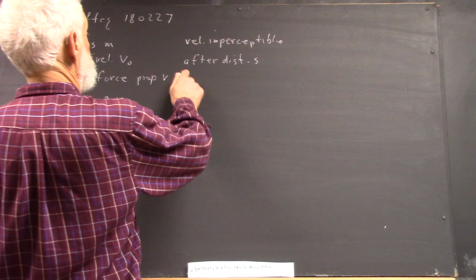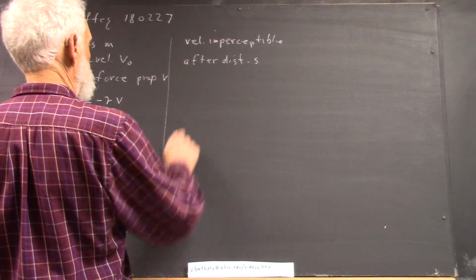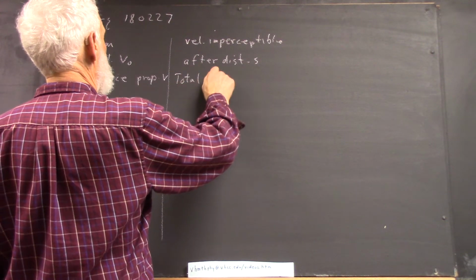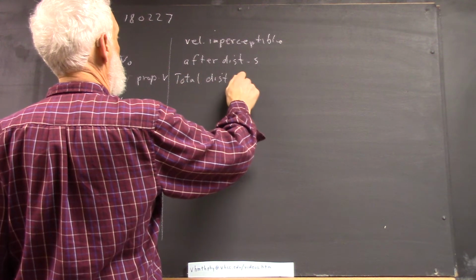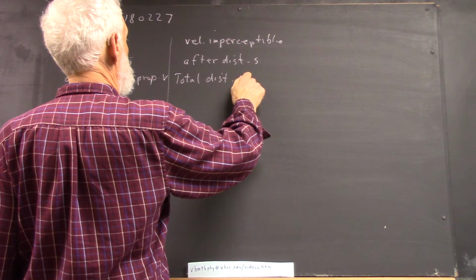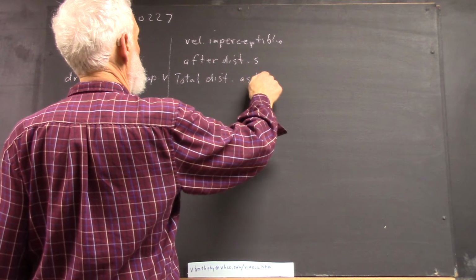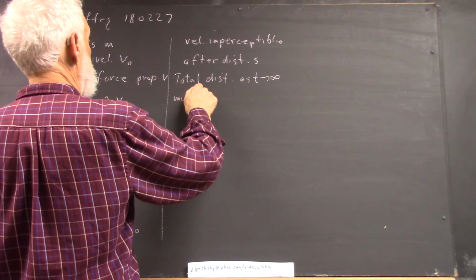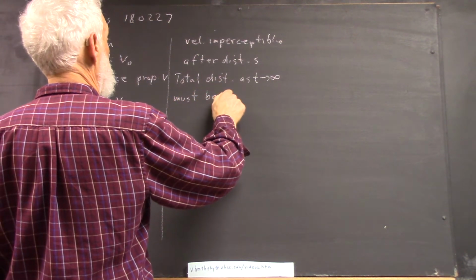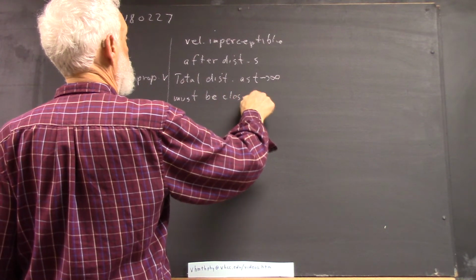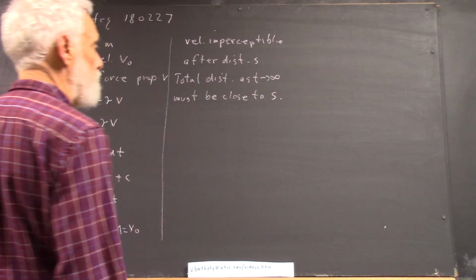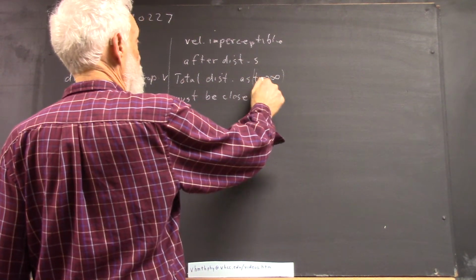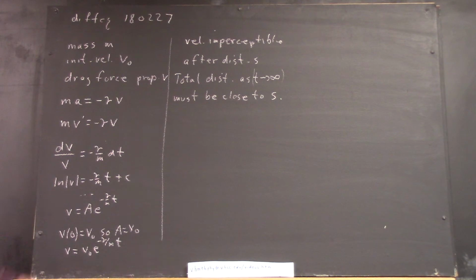So the total distance then has to be close to s. That looks like AST there. I didn't leave myself enough space, so I'll use some parentheses.